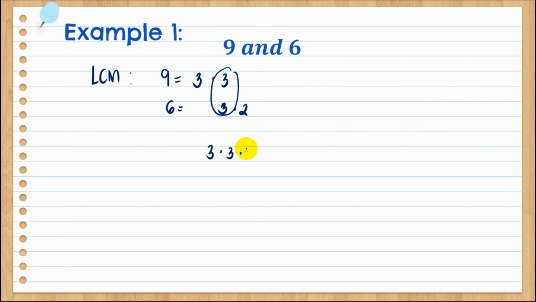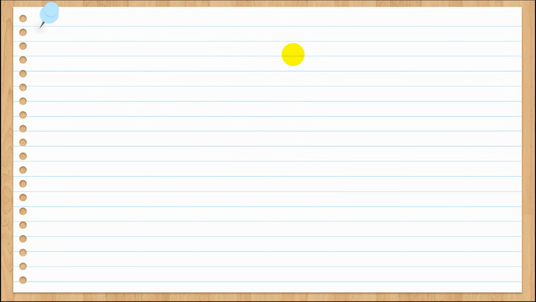Kunin natin si 3, kunin natin si 2, and then multiply. 3 times 3 is 9, times 2 is 18. So, ibig sabihin, 18 ang hinahanap nating LCM of 9 and 6. Si 18 ay pwedeng ma-divide ni 9, and at the same time, pwede rin siyang ma-divide ni 6. Tama po ba? So, that's LCM, least common multiple.